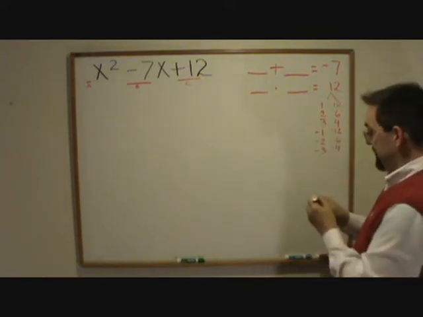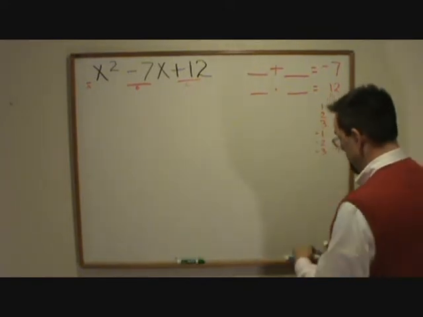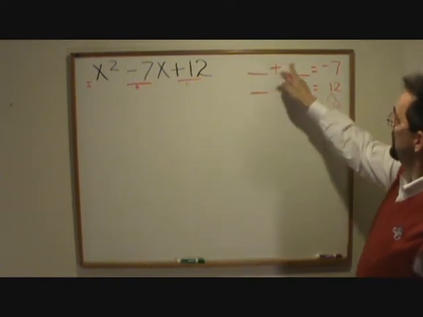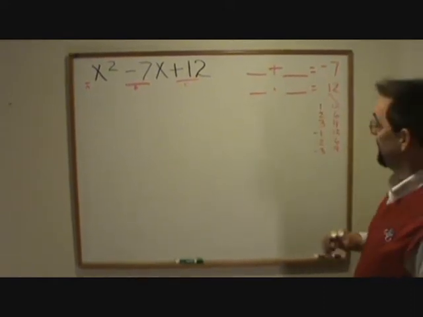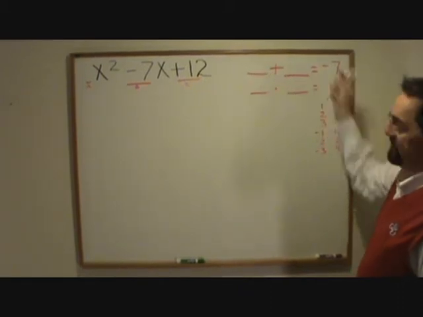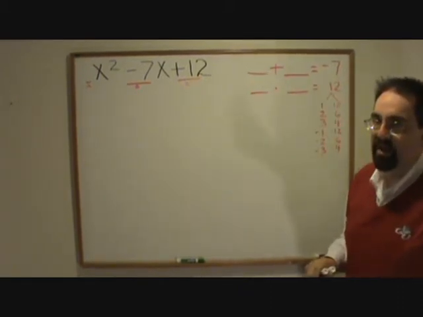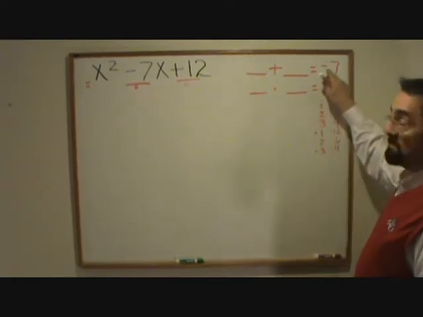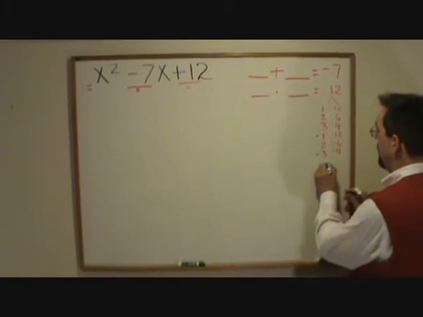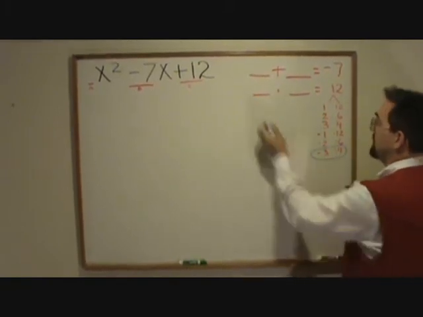Okay, let's try these in here and see which one we like. 1 plus 12, that's not a minus 7. 2 plus 6, that's not a minus 7 either. We need this minus in here, so let's go down to the minuses.